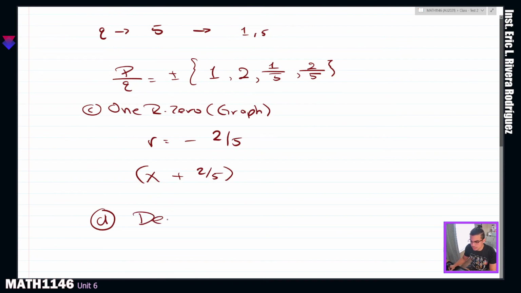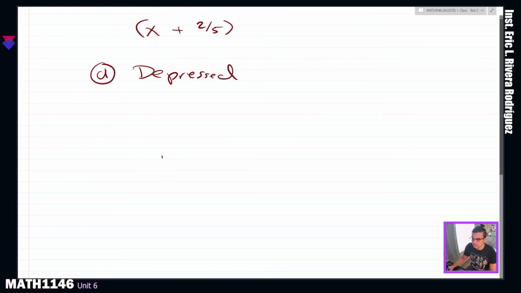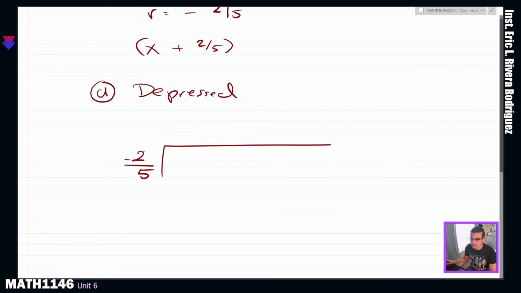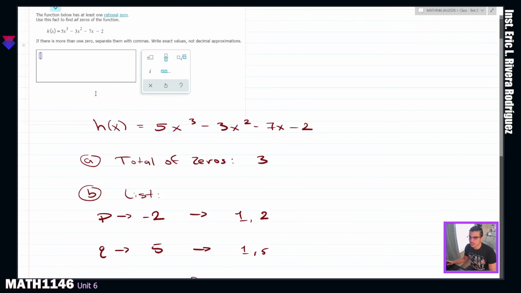So the depressed equation, using negative 2 over 5. Okay, and let me grab this because this is what we need.